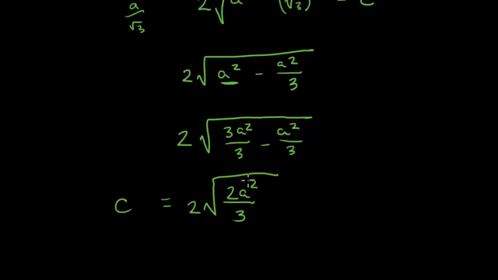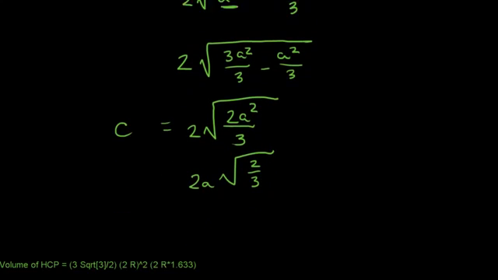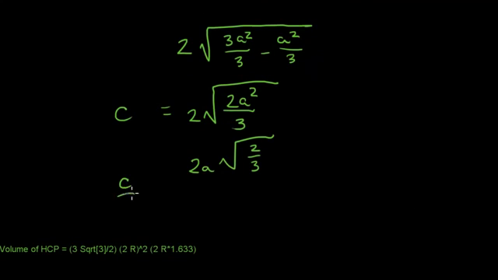We can look at this as really 2/3 times a squared underneath this radical, and then we can pull the a out from underneath the radical and get 2a square root of 2/3. And then c over a equals 2 times the square root of 2 over 3.